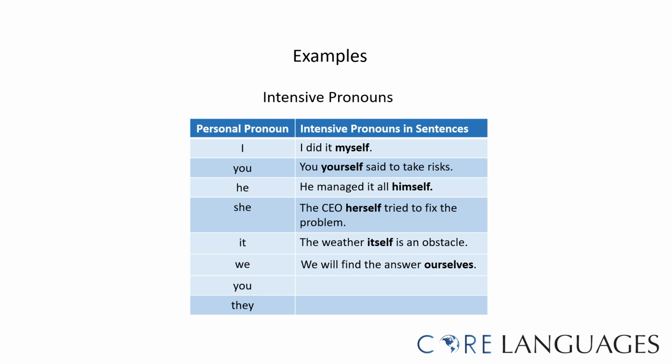We will find the answer ourselves. Even you yourselves were wrong. They themselves don't know. Notice that in these sentences, the subject and the object are not the same, but we still use intensive pronouns to add emphasis to the subject.